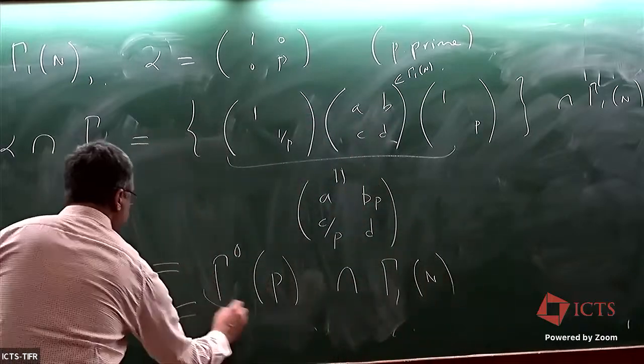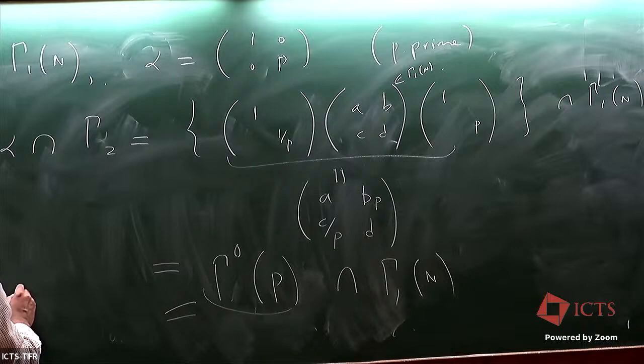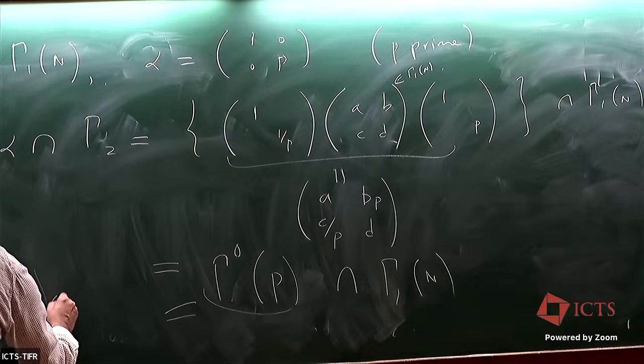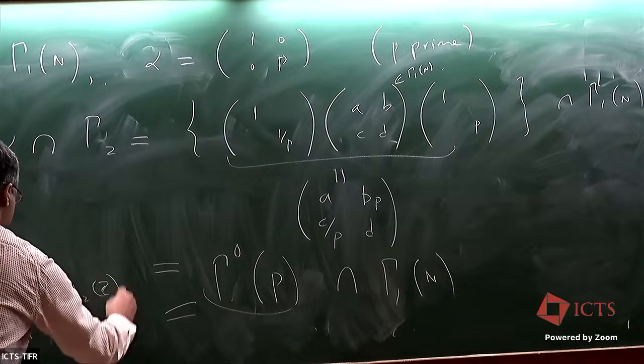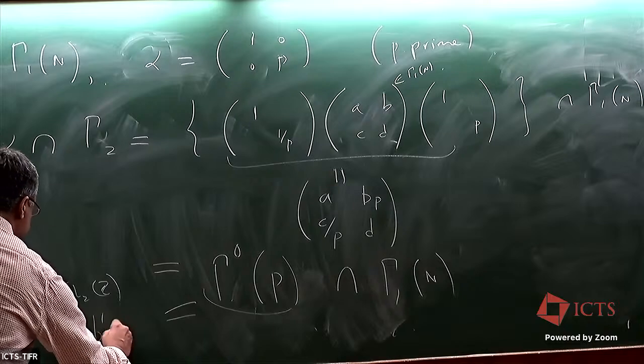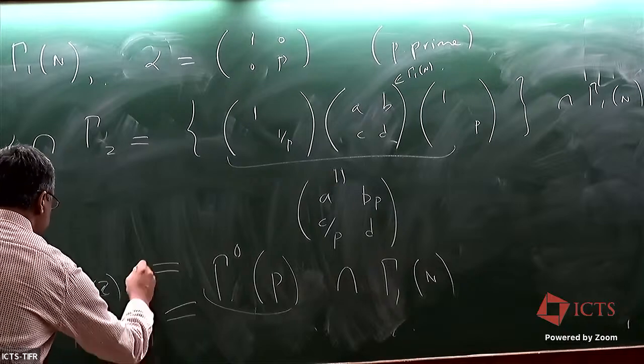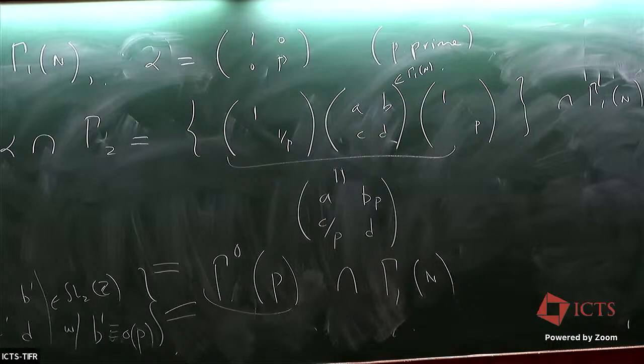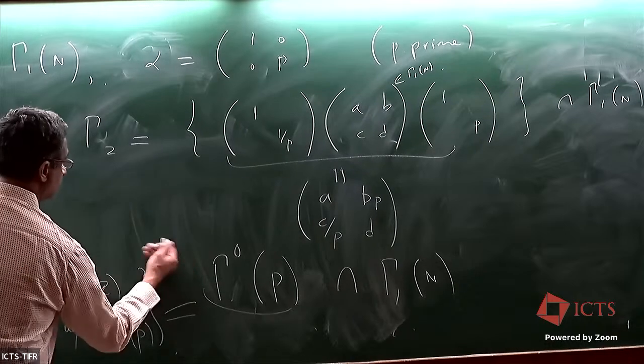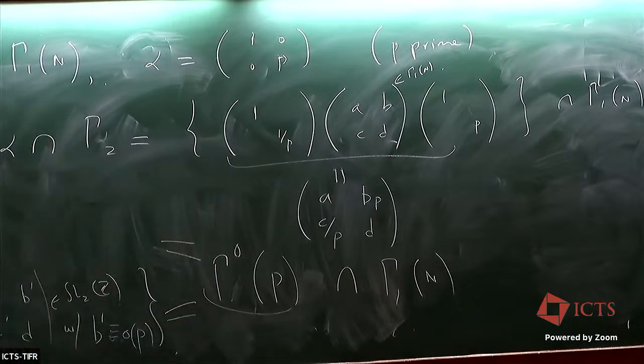This group gamma naught(p) is equal to the set of all (A', B'; C', D'), using slightly different notation, in SL2(Z) with B' congruent to 0 mod p. A thought exercise is to check that that is the most general element.